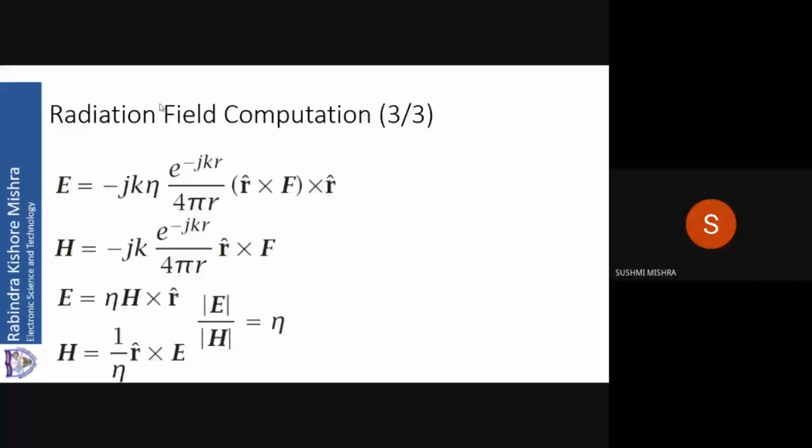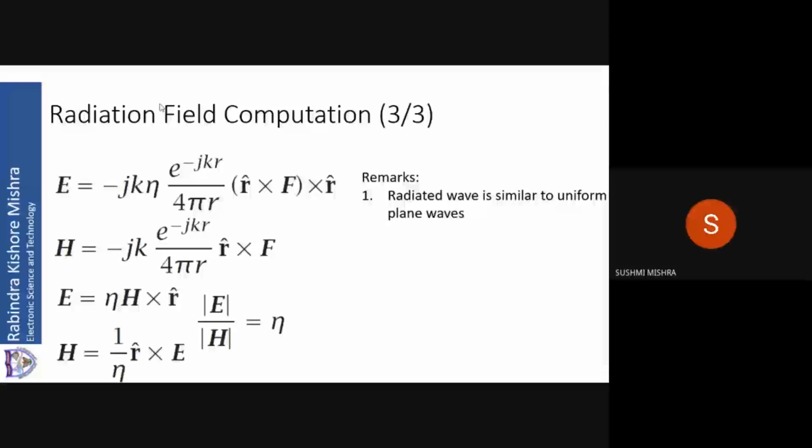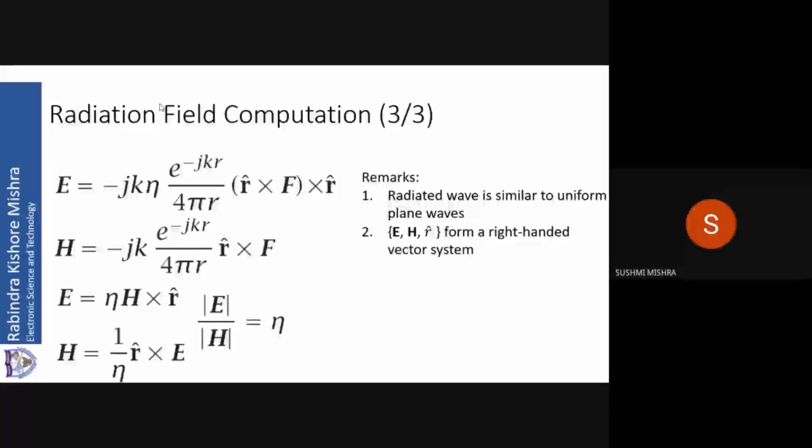So let us make some remarks looking at these equations. The remark is the radiated wave is similar to uniform plane waves because E, H and r cap form a right-handed vector system.